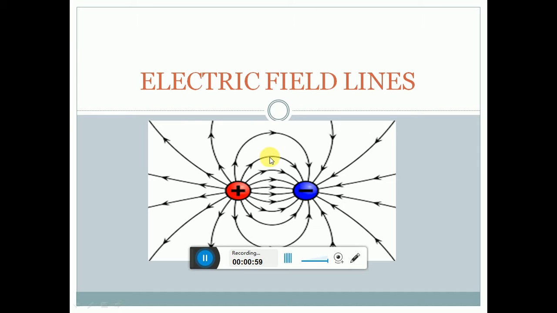If you see this diagram clearly, here we already studied this dipole. If you consider the electric field lines of this dipole, they give the existence of the electric field along this dipole. So now we are going to study these electric field lines.